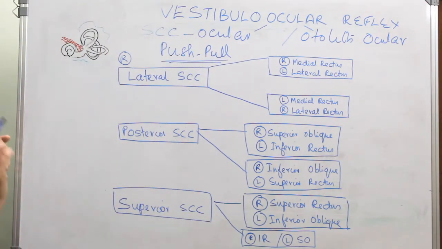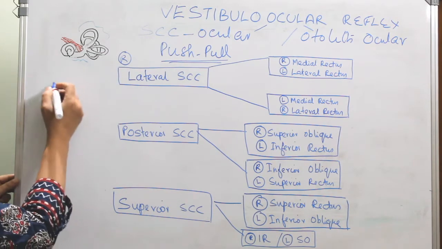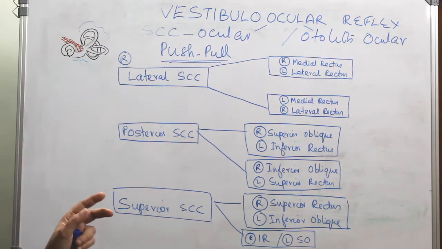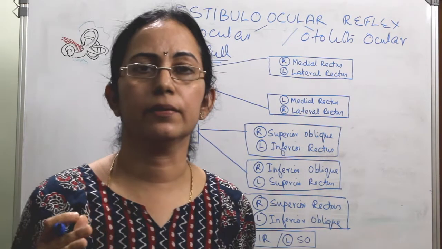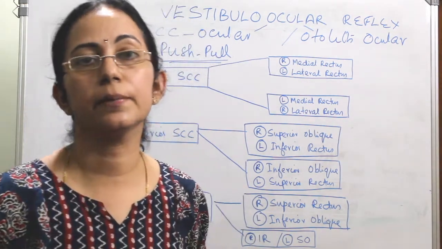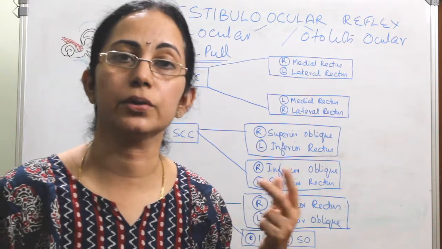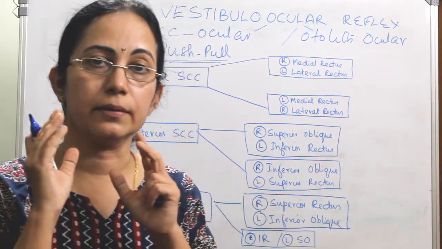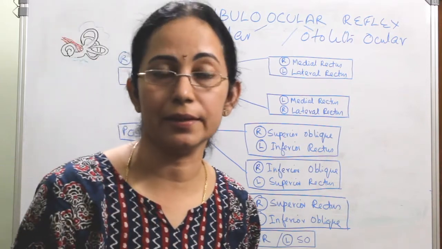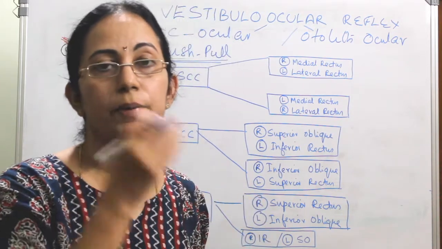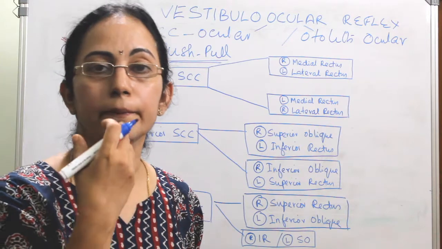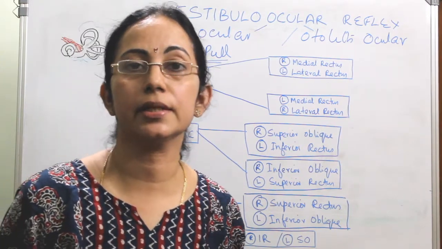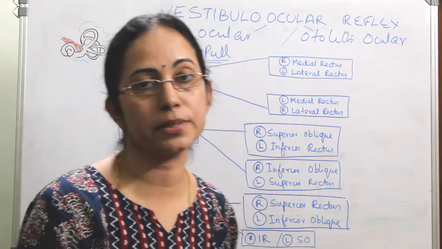So, under physiological conditions, the angular acceleration occurring on one side will cause a mirror image of actions happening on the opposite labyrinth. And if there is an excitation on one side, it will be counteracted by an inhibitory action on a functionally paired labyrinth on the opposite side.